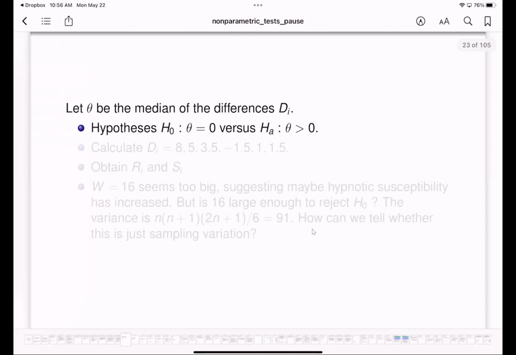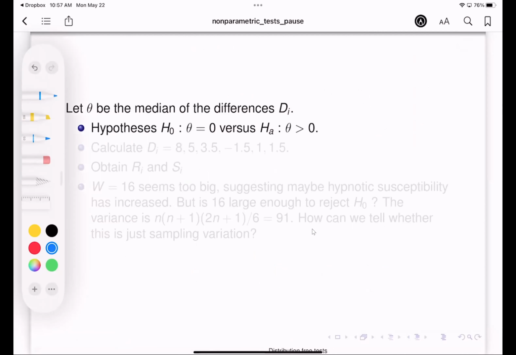For the hypothesis here, we are looking at whether the treatment increased the susceptibility. So the alternative hypothesis would be written as theta greater than 0, and the null hypothesis is theta equal to 0.